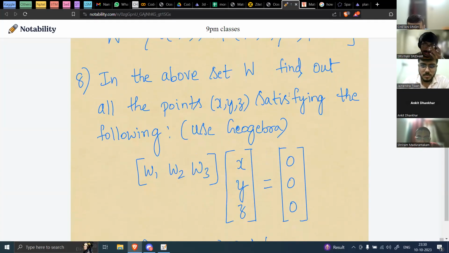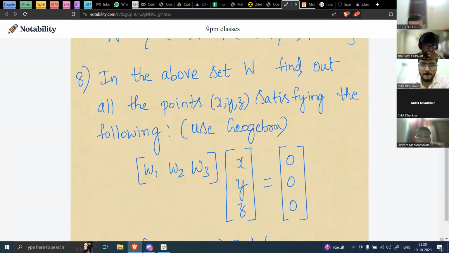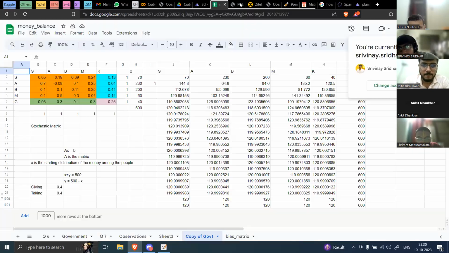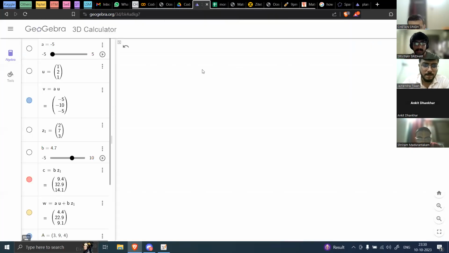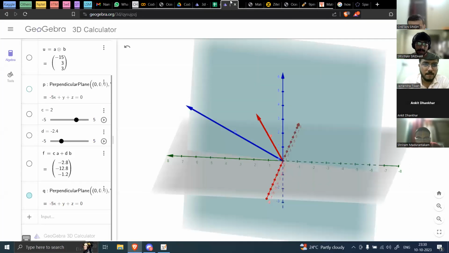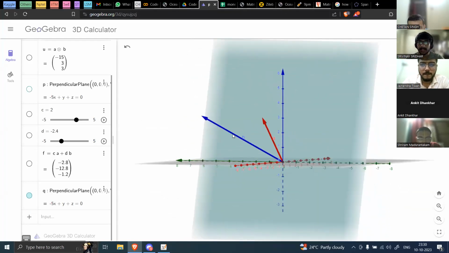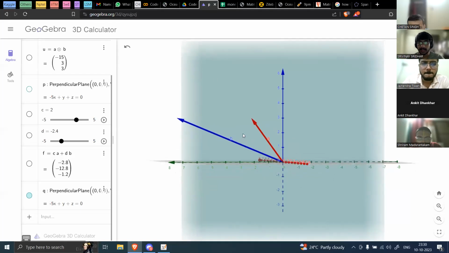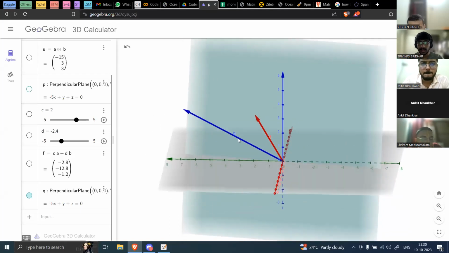So this plane is all the points that the two vectors can reach, right? By taking the scaled version of each of them and adding them up.